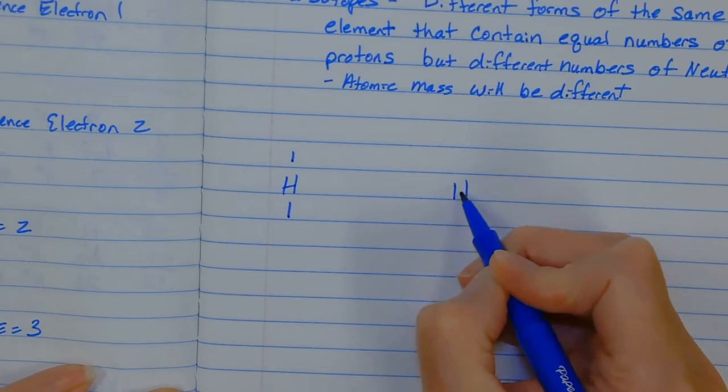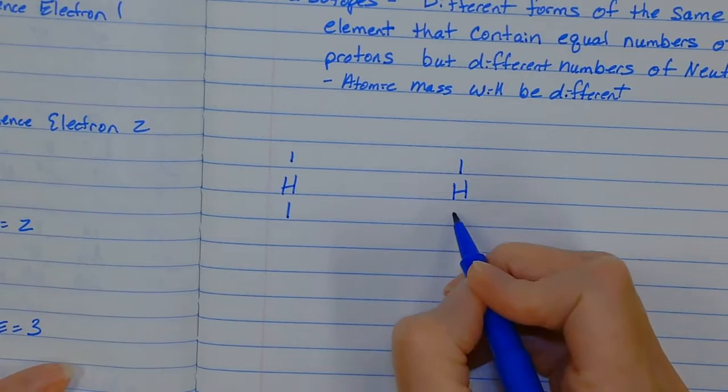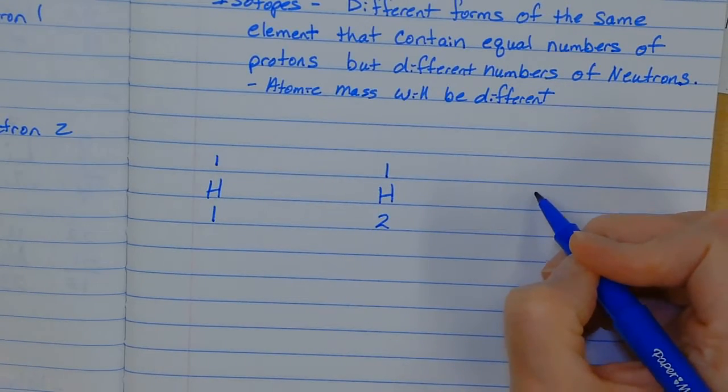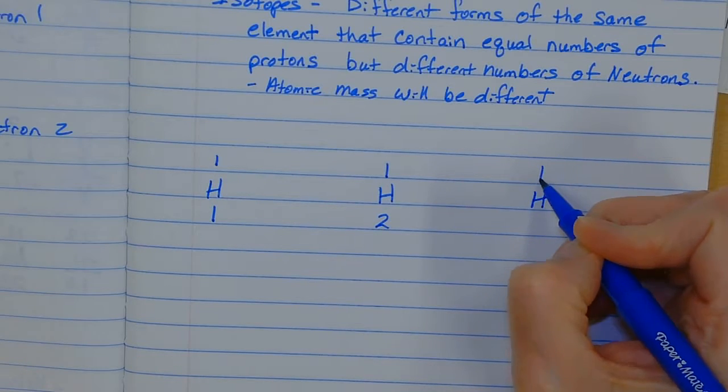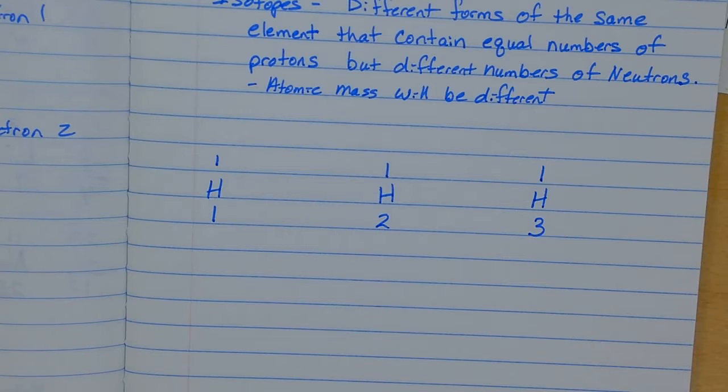I'm going to scoot over, have H, atomic number of 1 because it's still hydrogen, but I have atomic mass of 2. And then our last one, hydrogen, atomic number is not going to change, but my atomic mass is going to change. Okay, so these are the 3 forms of hydrogen.